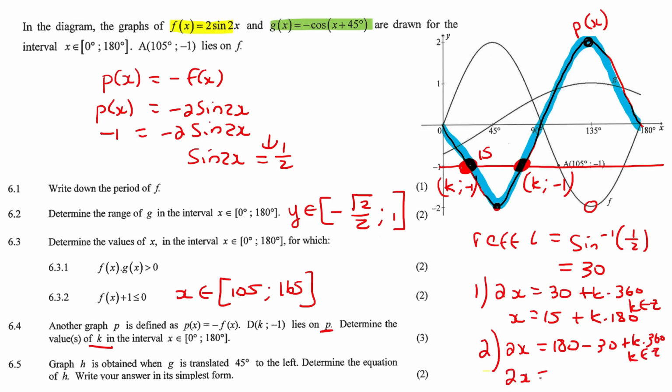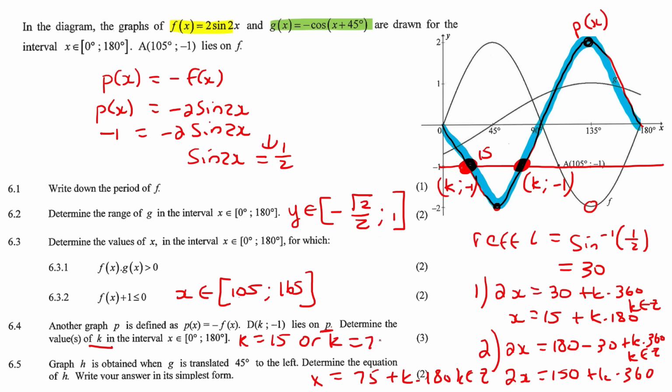And so you end up with 150 plus k 360. Now you divide everything by 2, you would end up with x equals 75 plus k 180, k element of z. So this would be 75. So k would be 15, or k would be 75 degrees.